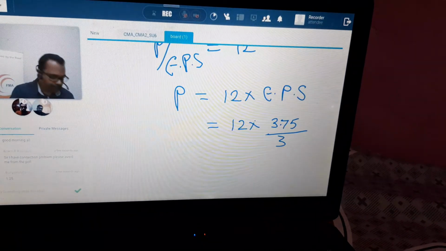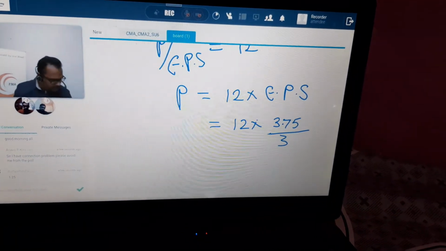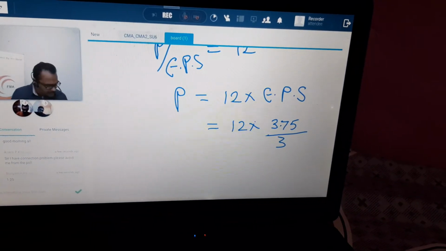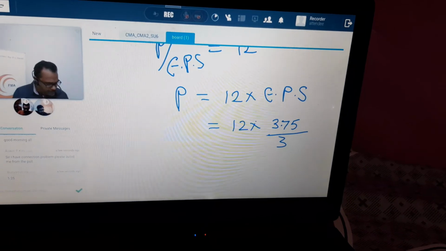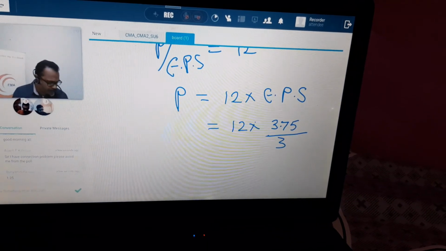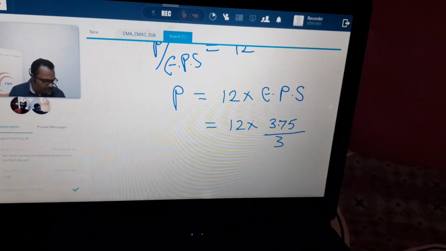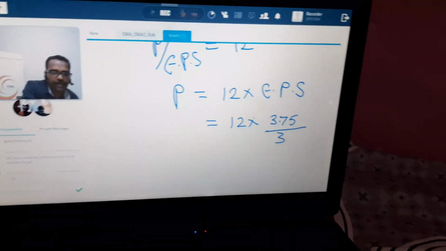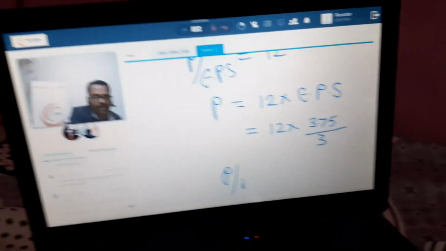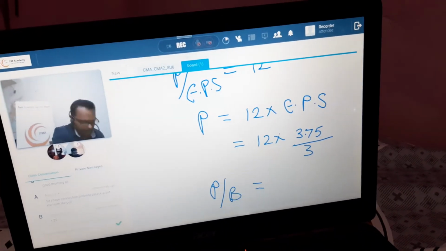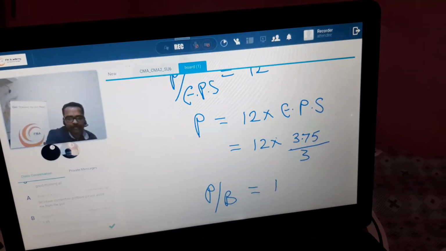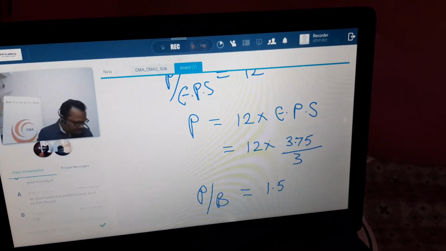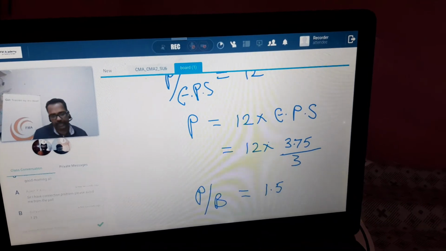Something similar. Next question. If public companies in Clark's industry are trading at a market price to book ratio of 1.5, price to book ratio equals 1.5.